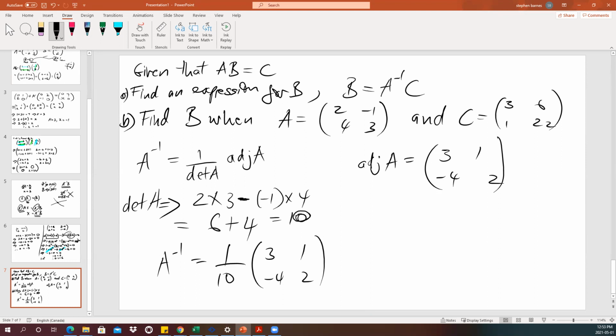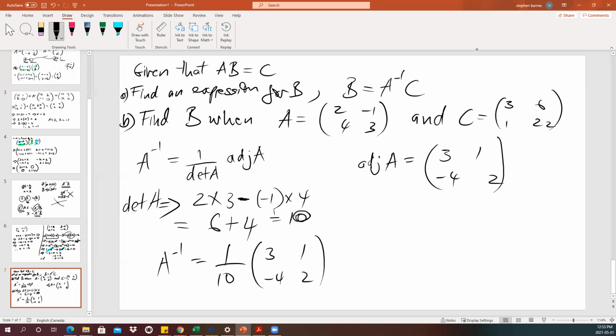I have the adjoint, which is you switch your places: this becomes 3, this is 2, and then apply minus signs to both of the others. The determinant: 2 times 3 is 6, and then minus 4 times minus 1, which is minus minus 4, so a positive, that's why you get 10. The inverse is 1 over the determinant, 1 over 10, multiplied by the adjoint.